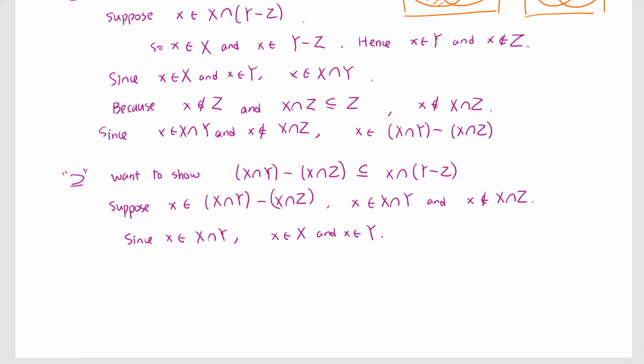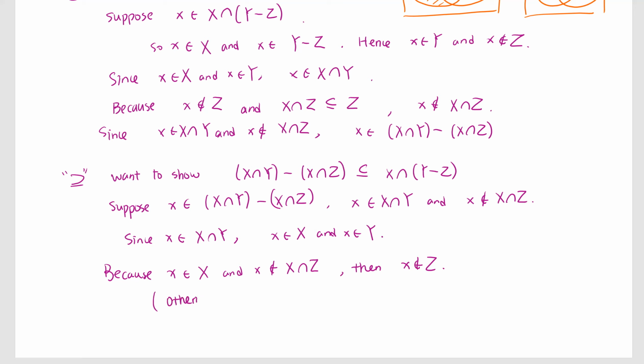Because x is in X and x is not in X ∩ Z, then x is not in Z. Why is that?